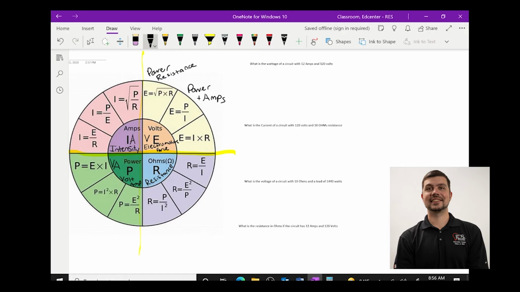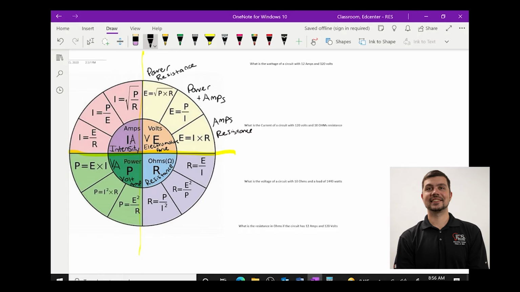And finally, if I had amps and resistance, I would use that 3rd section. And that's how it's going to work for every section in the pie.